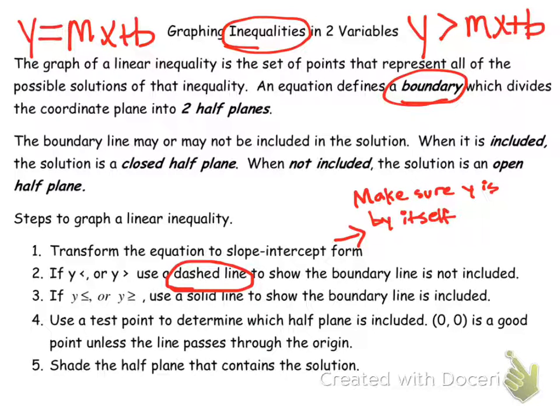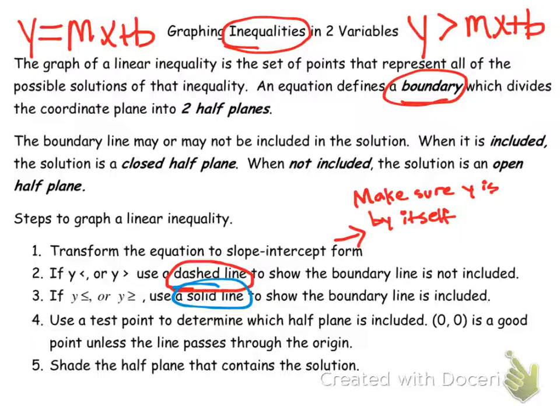Now, when we had less than before, it was an open circle. So since obviously we're not going to be doing circles, it's going to be some sort of line, we're going to use a dashed line. Now, if the y is included, meaning less than or equal to or greater than or equal to, then we're going to use a solid line. Maybe I'll circle this one in blue, a solid line.